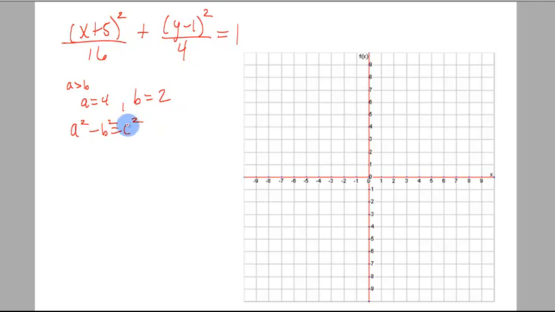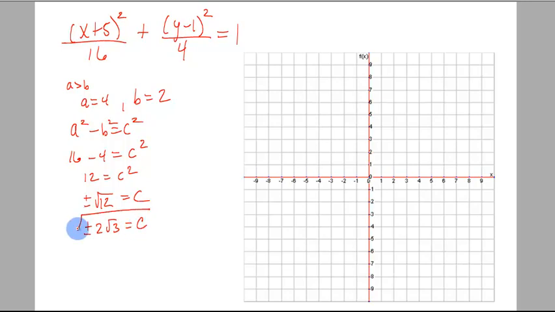Okay. So I have an A squared, which would be 16. B squared is 4 equals C squared. So 16 minus 4 is 12. So C is plus or minus the square root of 12. Or 2 comes out of that, plus or minus 2 square roots of 3, right? So those are the values to get your focus.